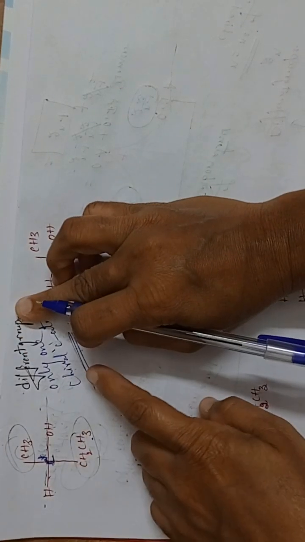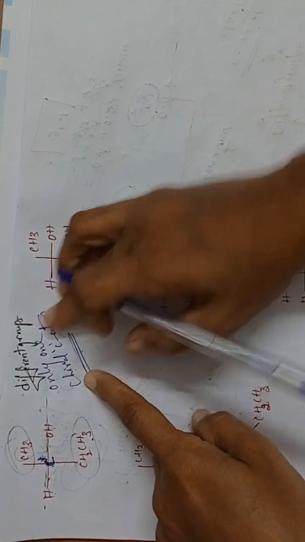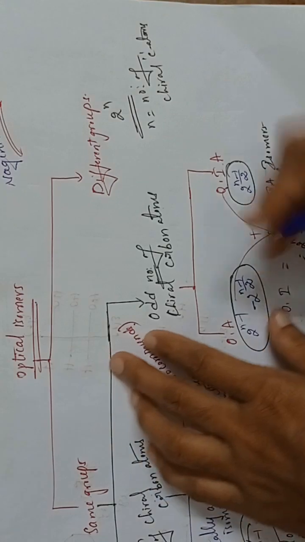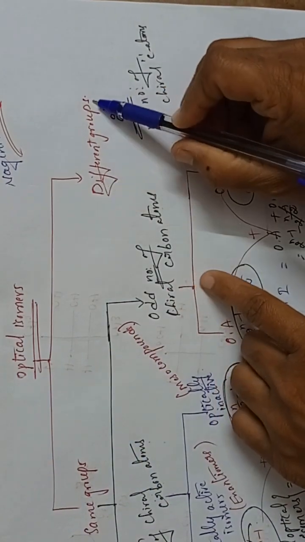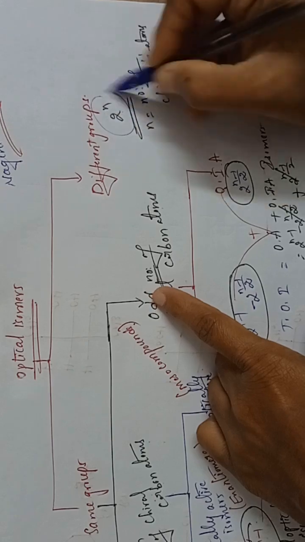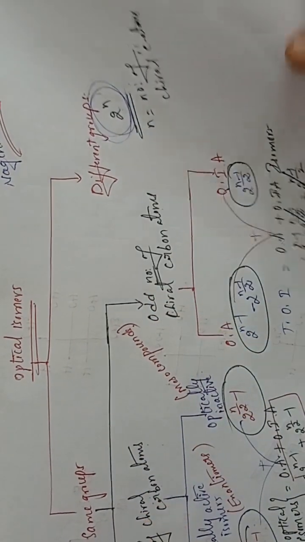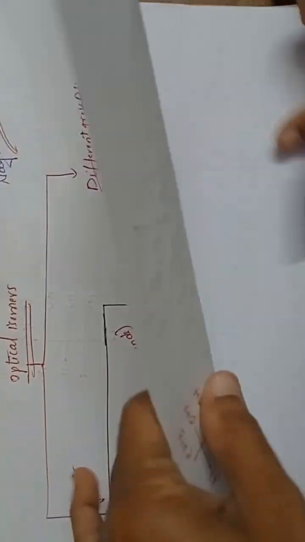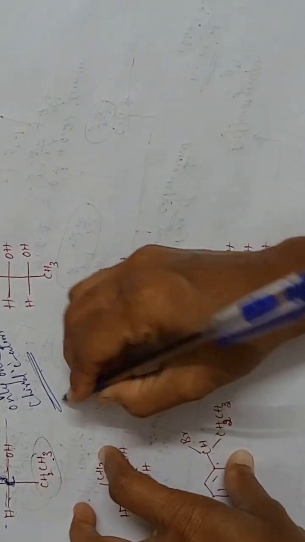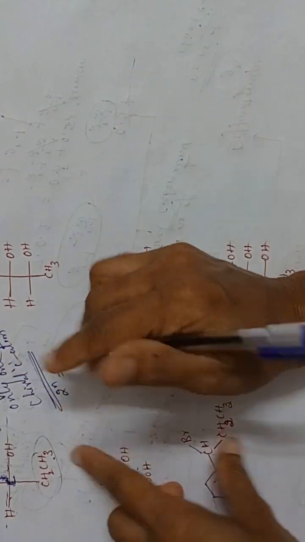Now different groups are there, with one chiral carbon atom. What formula should we use? Different groups means what is the formula to calculate optical isomers? 2 power n. We have to use the formula 2 power n, where n is the number of chiral carbons.